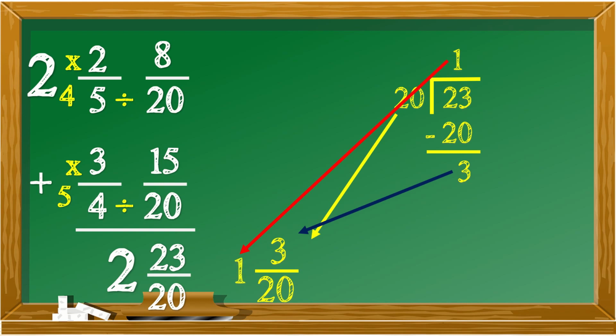So 23 over 20 will be 1 and 3 over 20. But remember, we have the whole number, which is 2. So we need to add 2 and 1. 2 plus 1 is 3. And copy the new fraction, which is 3 over 20. So our answer is 3 and 3 over 20.